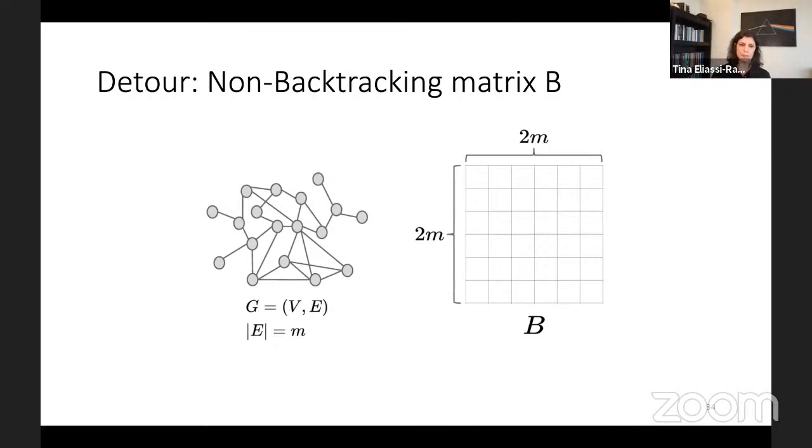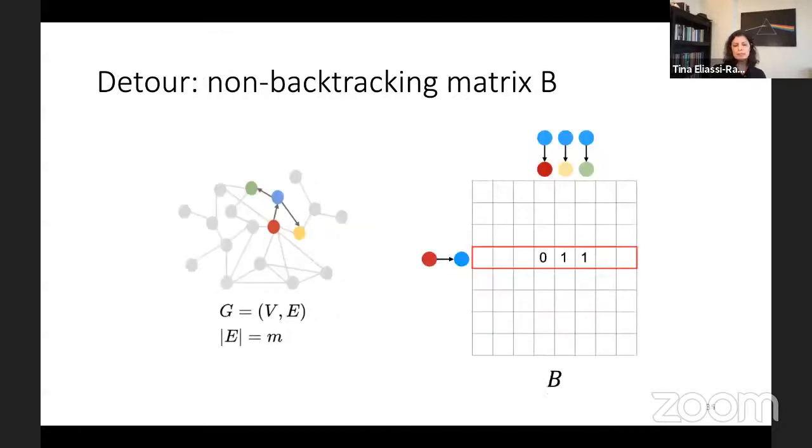I think the reason it's not so popular, especially in the graph mining community, is because it's a 2m by 2m matrix. That is, if your graph has m edges, you are representing each direction of an edge in this non-backtracking matrix. And so it's a much bigger matrix than the adjacency matrix. As a rough guideline, we assume that the number of edges in a graph that has n nodes is about n log n.